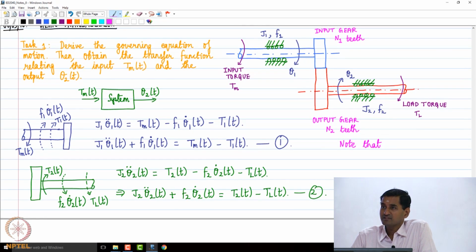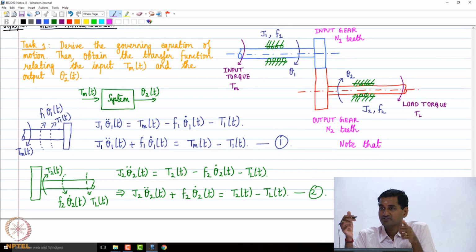See, of course, there are various ways to look at it. If two gears are in mesh with each other, essentially the pitch should be the same, right? Then only they will mesh with each other, right? Using those ideas, one can easily get a relationship. I will write down the relationship. You think about it as homework, okay?